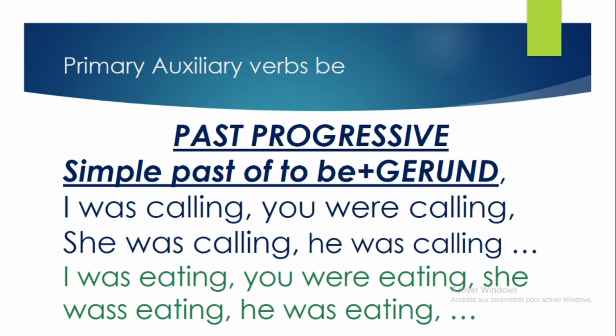I was eating. You were eating. She was eating. He was eating. Okay? So this is all you need to understand. It's the combination. The combination is the tense plus the ing form or the gerund. Okay? The tense of the verb to be, simple past, simple present, simple future plus the gerund.